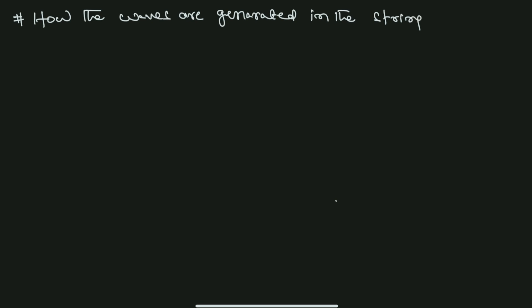Continuation: how the waves are generated in the string. So let us discuss this. First, this is the vibration of the particle from its mean position. This is a string I am taking. Here is a point. The particle can vibrate up and downwards.